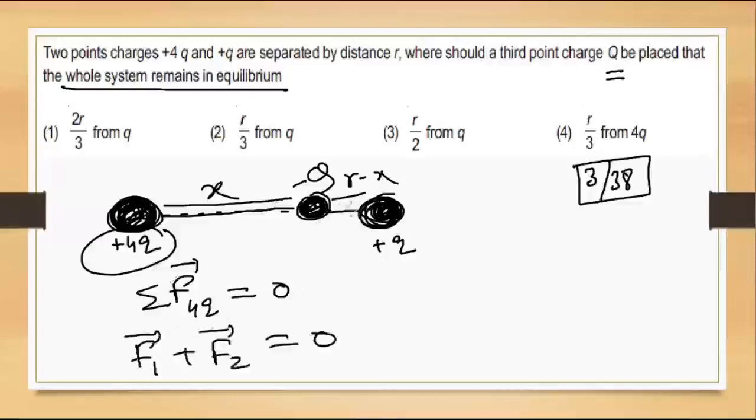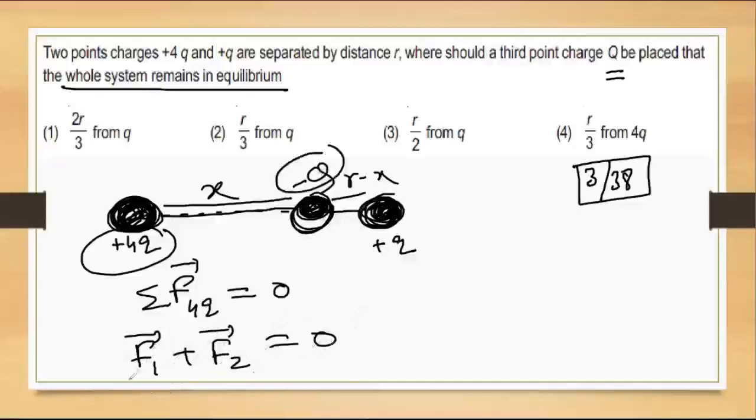F1 is the force given by this on this, that will be attractive only, towards inside. That can also be found out later; we assume we don't know the sign, it will be automatically calculated later.